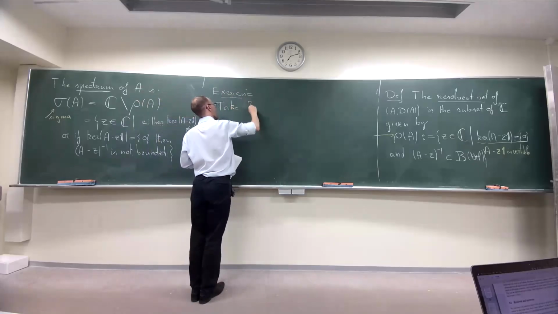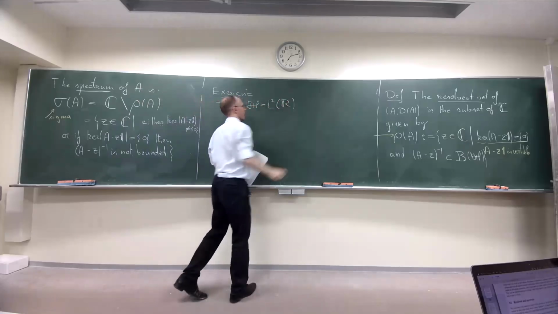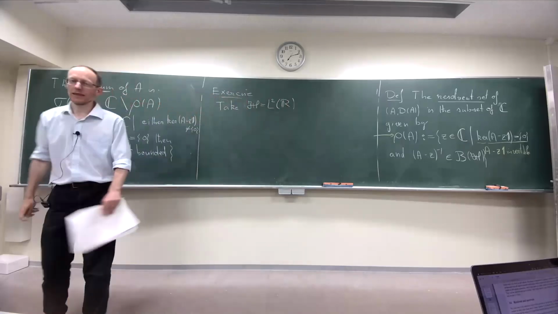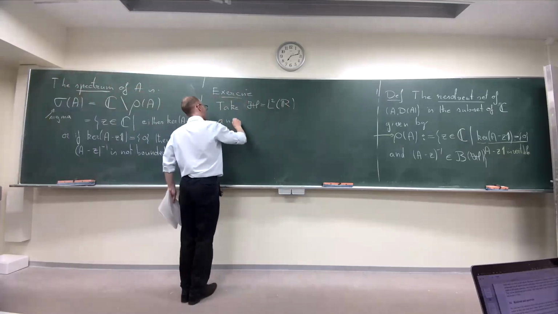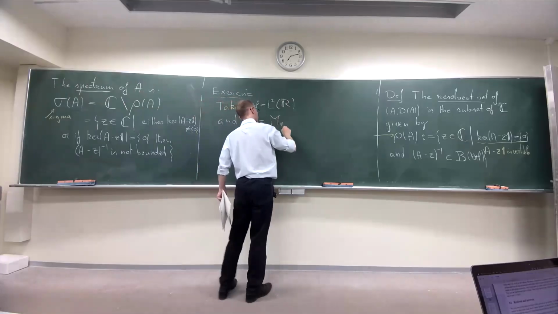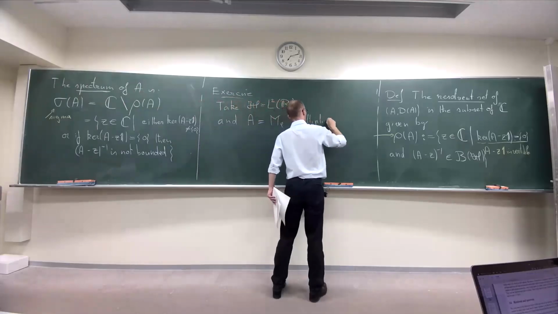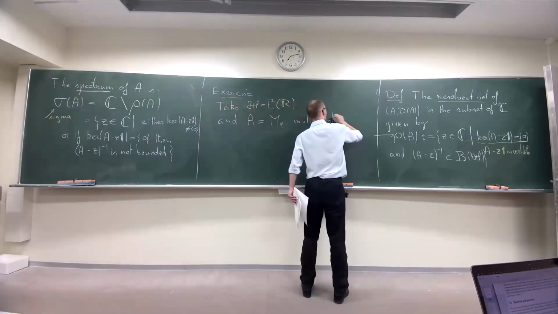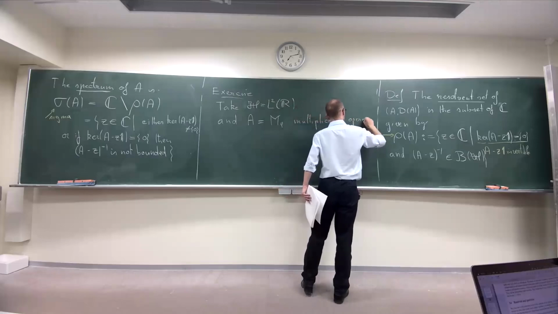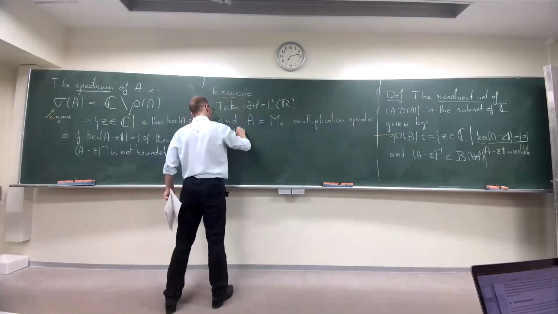Take H, my favorite and the simplest Hilbert space, L2 of R. You can do already everything. And a multiplication operator by phi, so I will record what it is, phi.